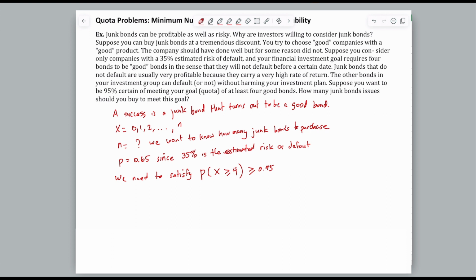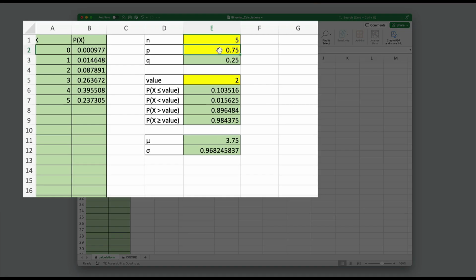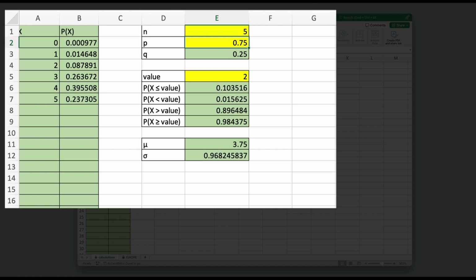Okay, so to do this, we basically need to ensure this gets bigger than 0.95. So what we'll do is vary n. So if we go to our calculator, in our probability, first let's specify our probability of success. That's 0.65 in this case.